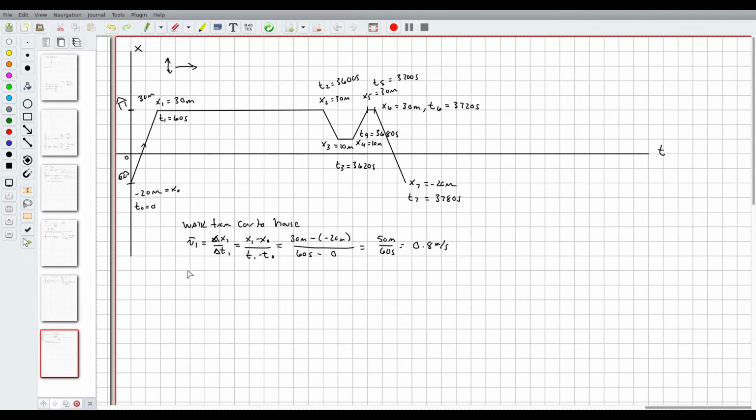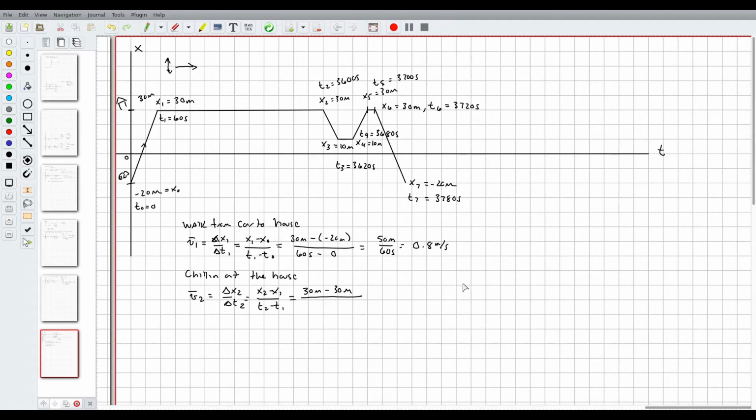So we're going to hang around in the house for a while. Chilling at the house. We'll call that the average velocity 2. Delta x2 over delta t2: x2 minus x1 over t2 minus t1. Okay, x2 is 30 meters, x1 is 30 meters, 30 meters minus 30 meters.